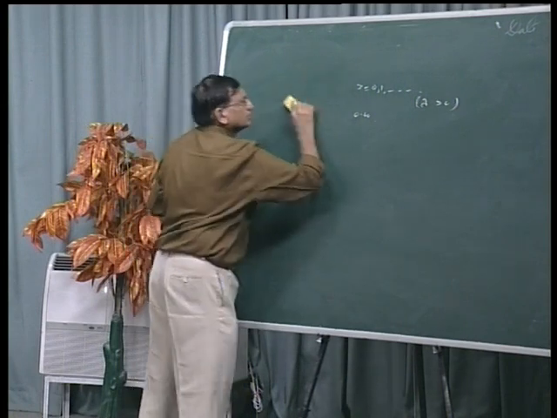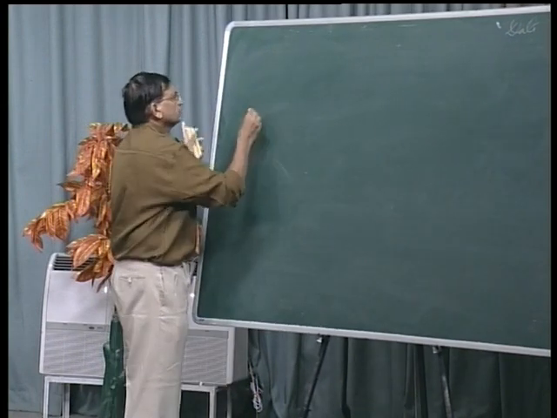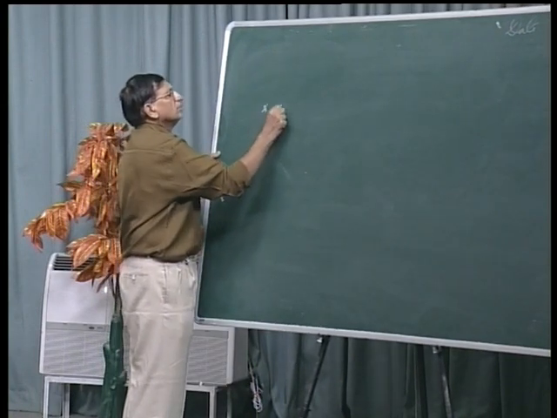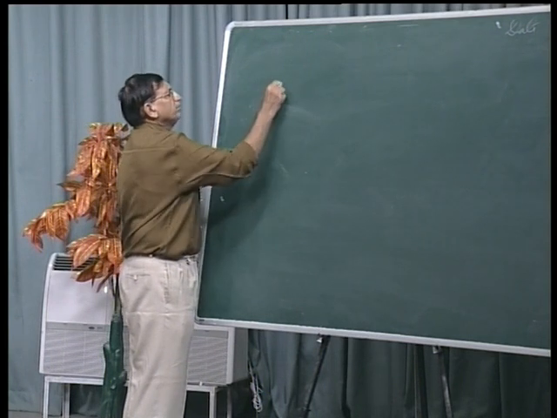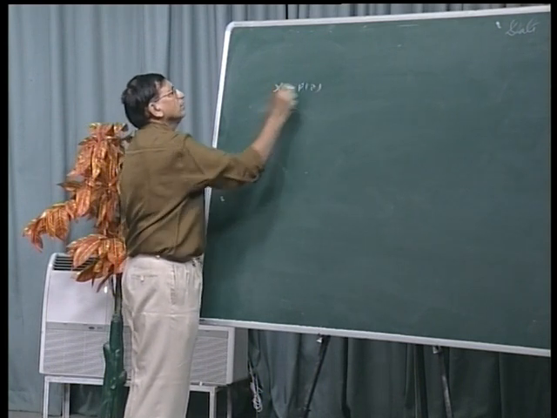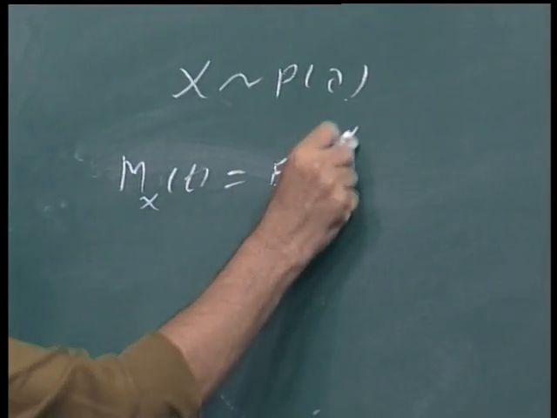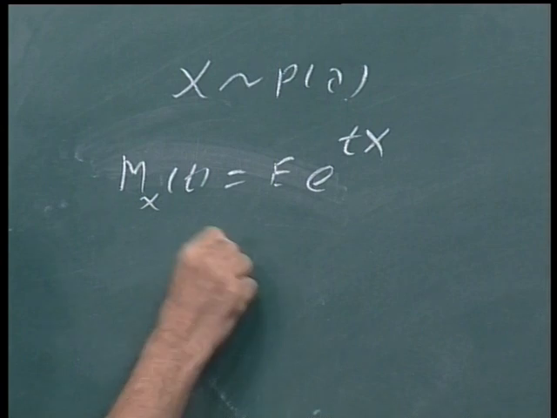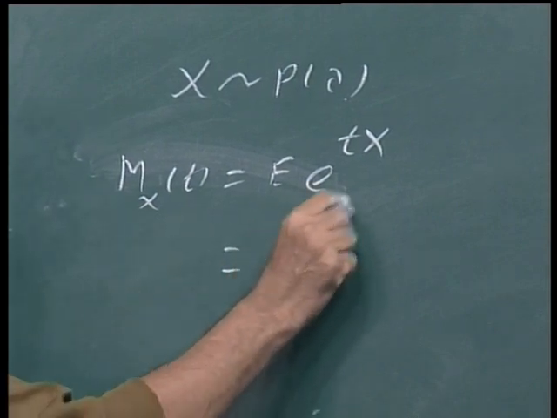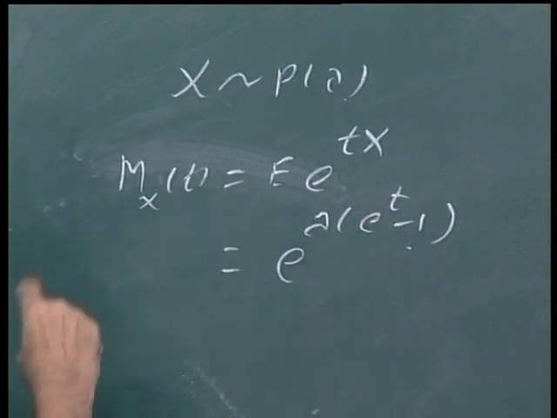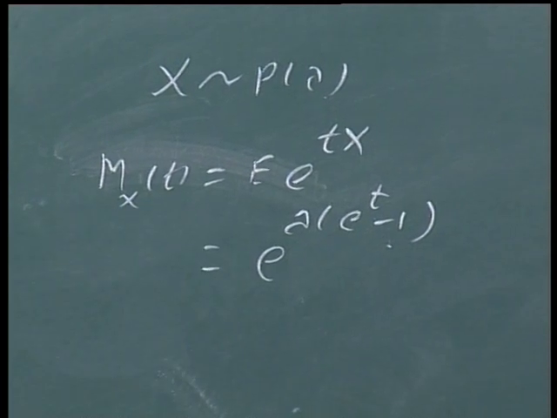Remember that if x is Poisson with parameter lambda, then the moment generating function is the expected value of e raised to tx. That value is e raised to lambda into (e raised to t minus 1). Again, from this also we can find moments of various orders.